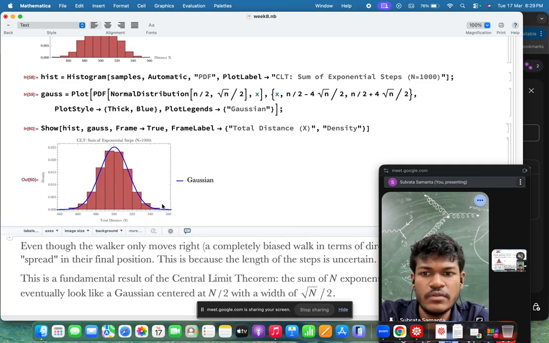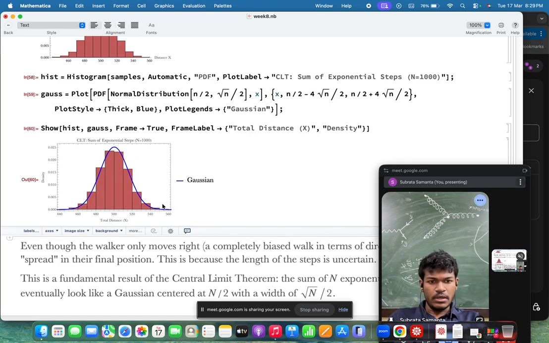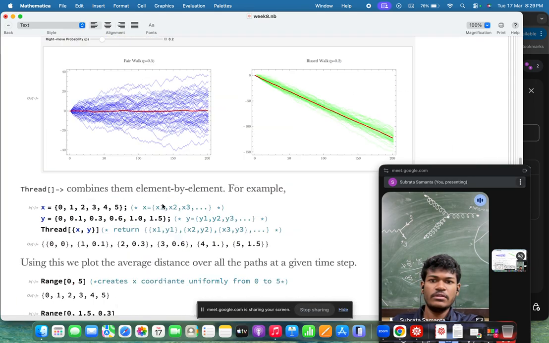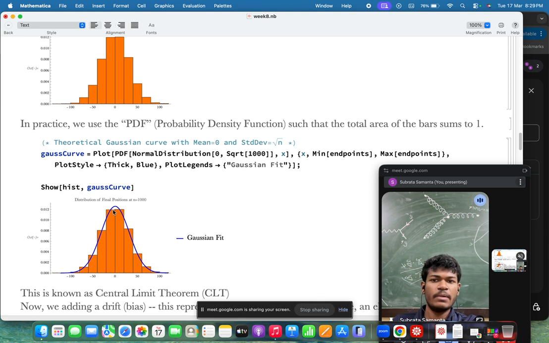So you see, this is again Gaussian. I start with the exponential distributions, but if n increases, it becomes a Gaussian. Initially I started with the binomials, and this is also a Gaussian at the end.